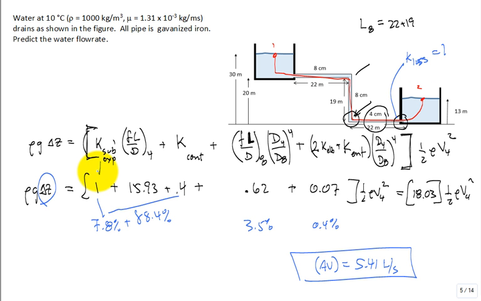No, but you're assuming that V1 is 0 because it's a large tank. Wouldn't V2 also be 0? That's right. So this V2 is 0 right there. Isn't V4 technically V2? Or no, it's not. I'm trying to get the speed out the pipe.